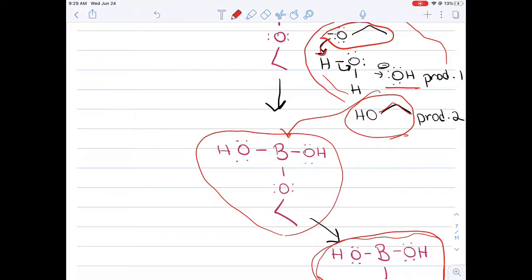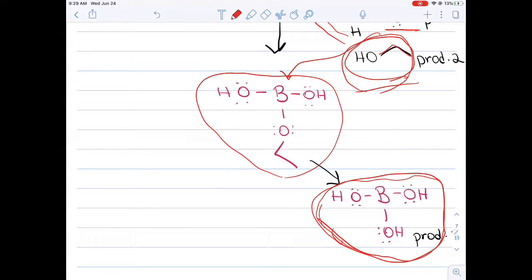And so because of this reaction here, your products are going to be this OH ion, this OH alkene, and this as your final product.